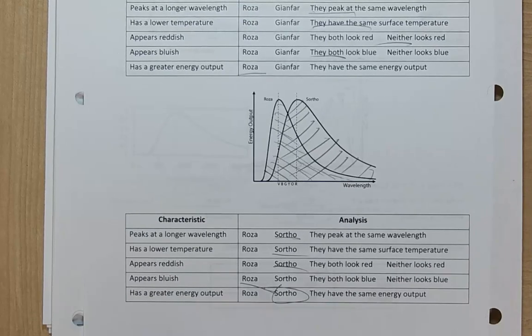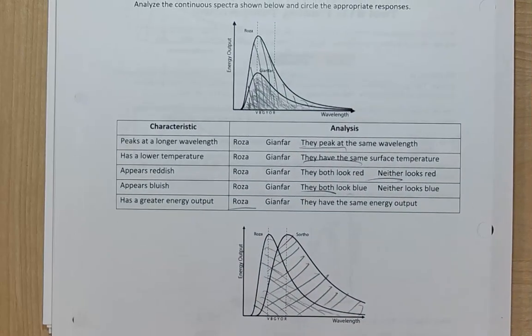Looks like Sortho. Right? Sortho is giving off more light. Sortho has a higher luminosity, even though it's cooler. How can that be? How can it be that Rosa and Gianfar have the same temperature, but Rosa is brighter?